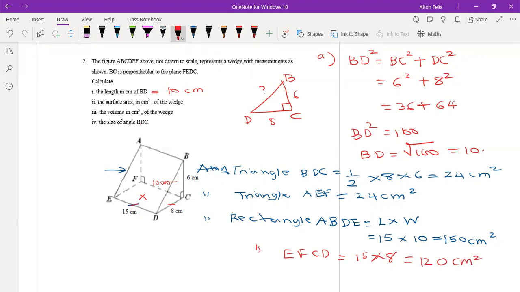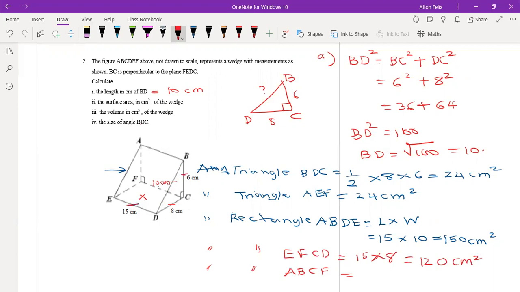And then the last side to work out will be the back piece, rectangle ABCF. Area of that rectangle. Now we have to be careful here. We got 6 as the width, or the breadth.